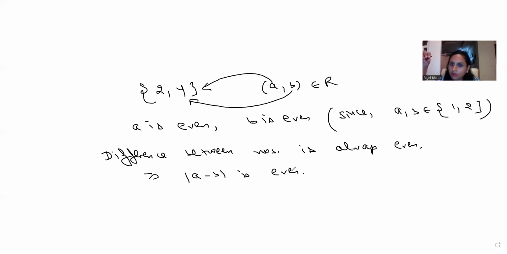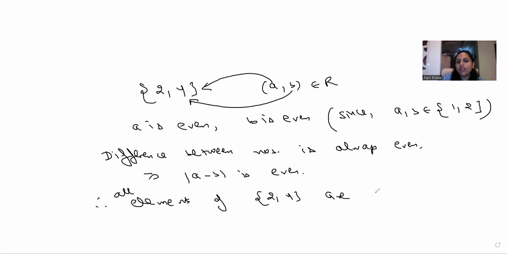And the concluding statement will be, therefore, all the elements of {2, 4} are related to each other.